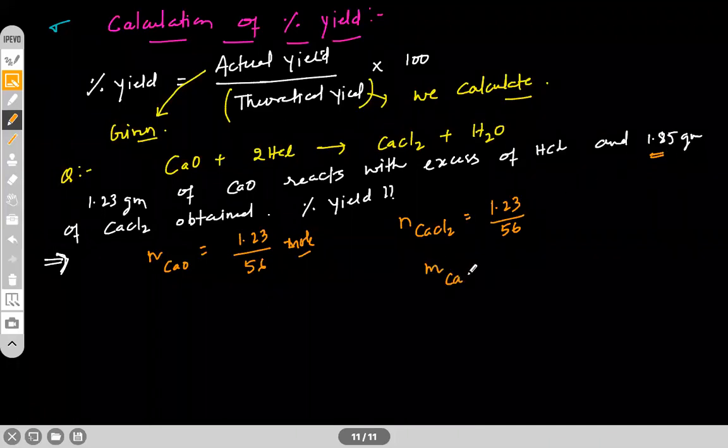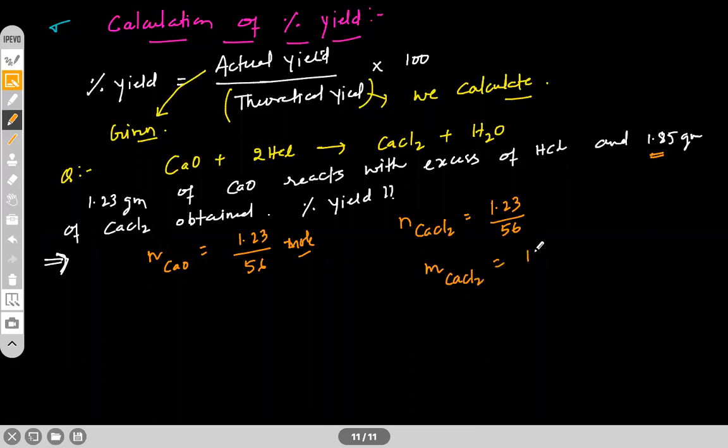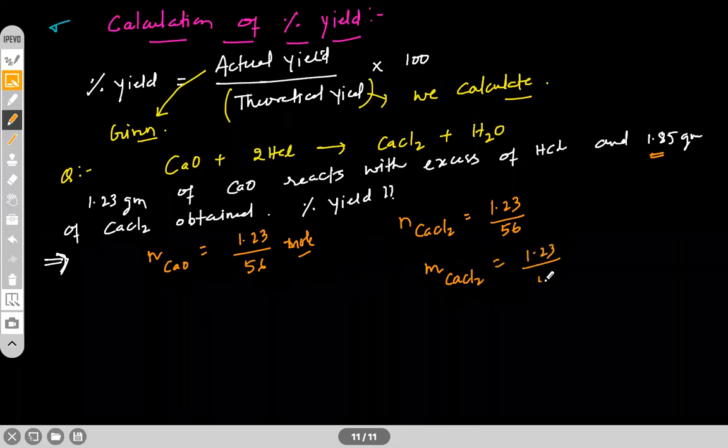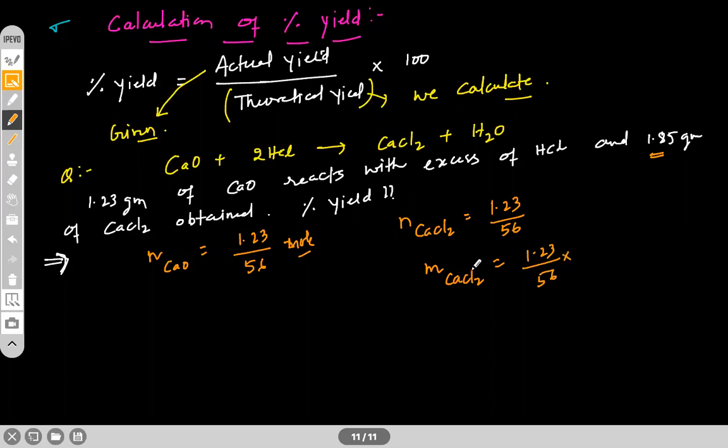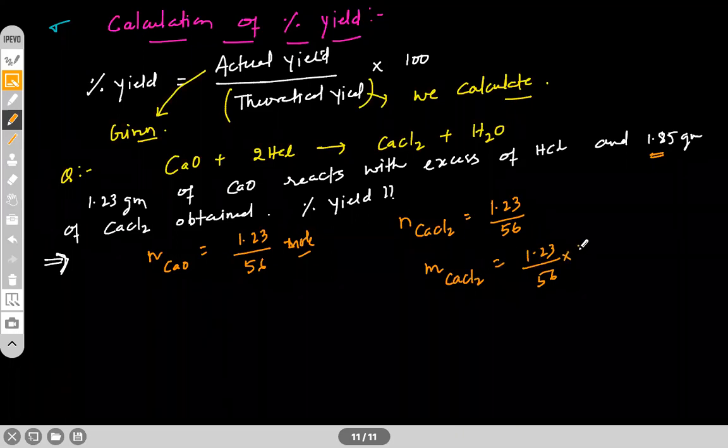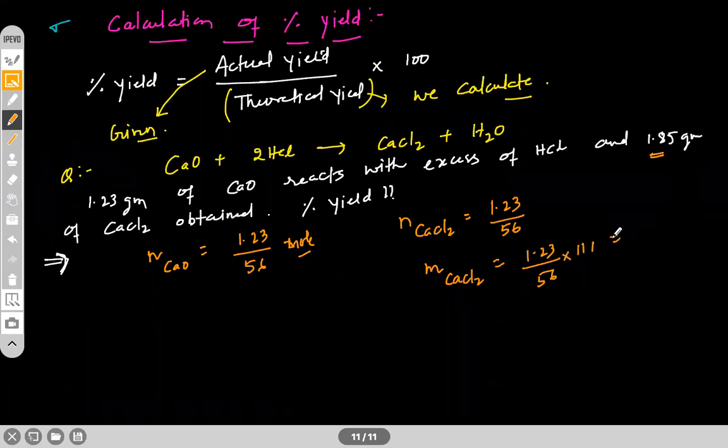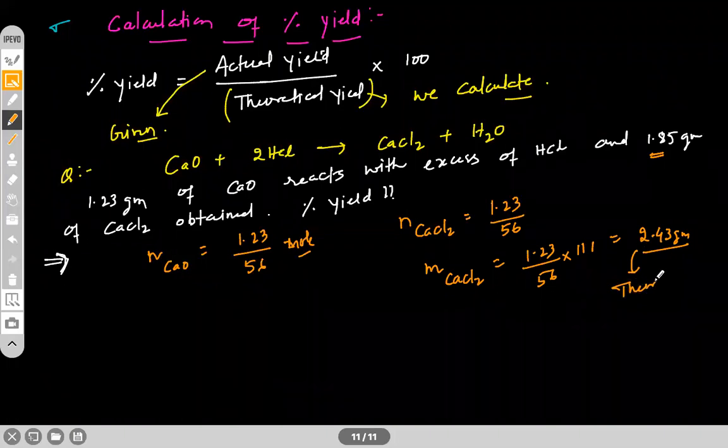So mass of CaCl2 is equal to the given number of moles into the molecular mass of CaCl2, which is 111. So when you solve this, you'll get 2.43 gram. This value, which we calculate theoretically, we call it as theoretical yield.